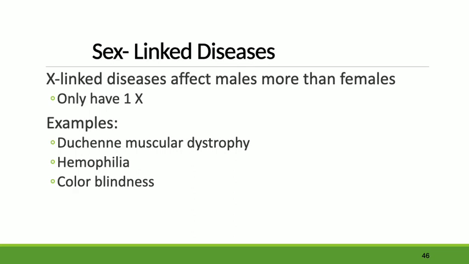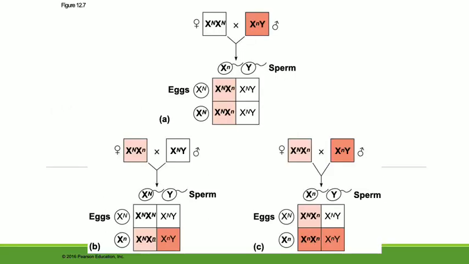Okay, let's look at how we would do a Punnett square for any trait that is located on the X chromosome. The way we write it is we have to specify that we're talking about the X chromosome, and the big or little letters, remember how with Mendel's peas we had big P and little p, we still use those, but they are superscripts over the X chromosomes.